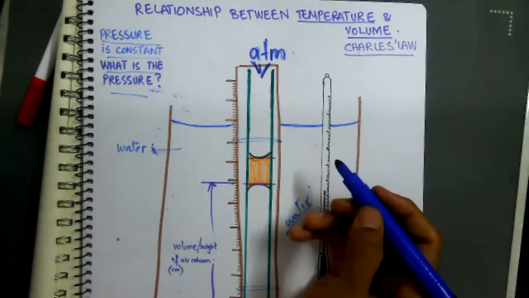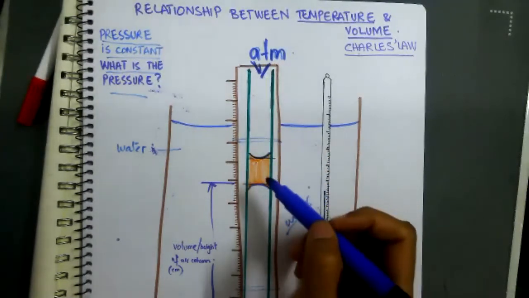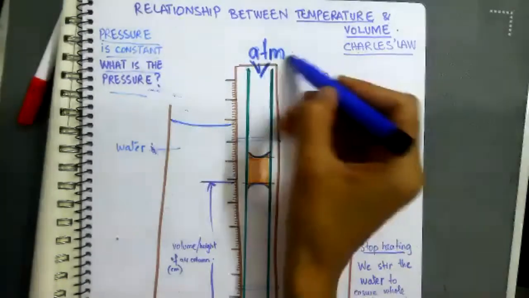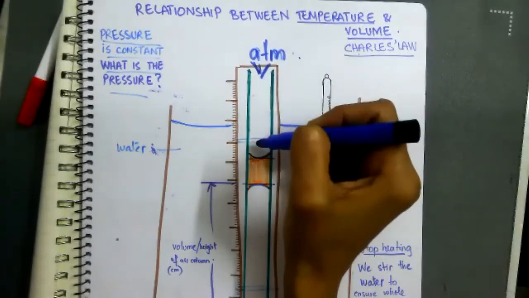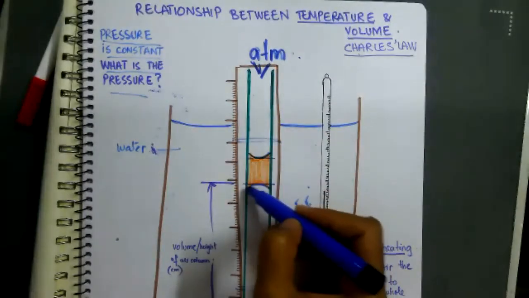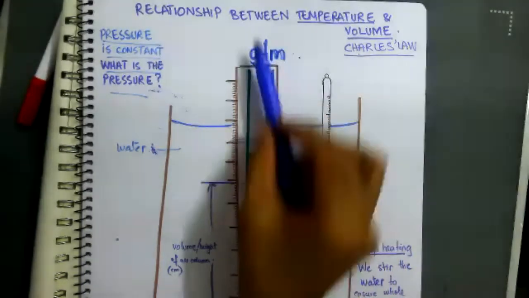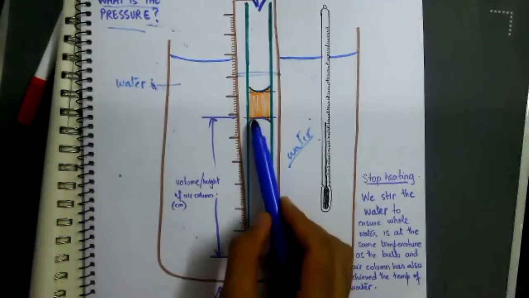Is that what you said, Saad? You just said atmosphere. Yes, okay. So the pressure acting on it is atmospheric pressure, as well as the pressure due to the height of the sulfuric acid. That is the total pressure acting on this column of air.